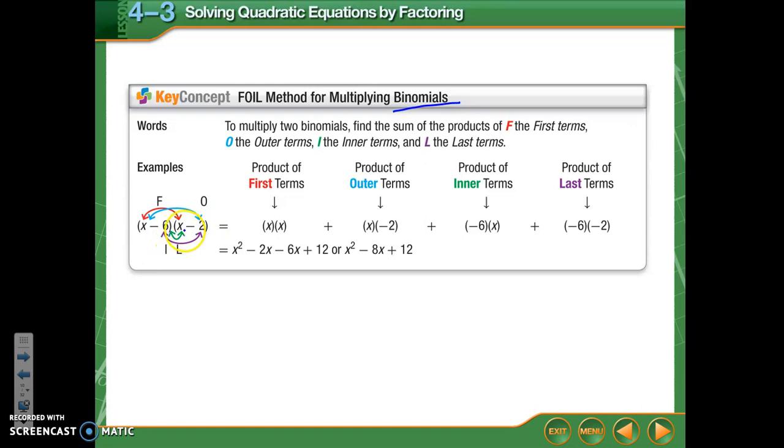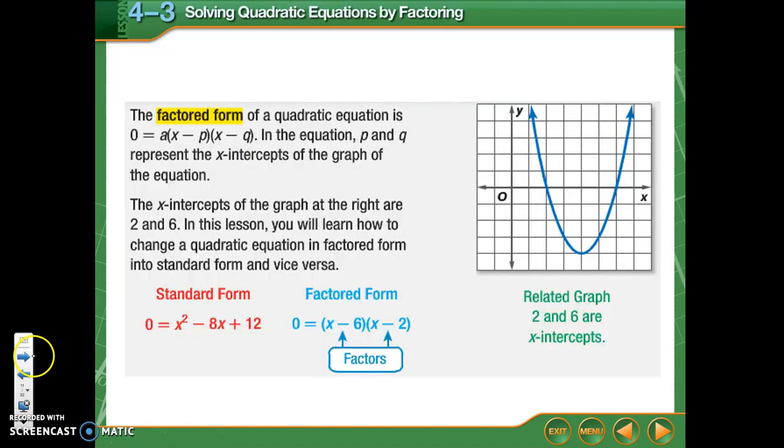My inner ones, negative 6 times x, and my last ones, negative 6 times negative 2. That is review. So FOILing is what allows me to multiply two binomials, and also, if you remember from our previous video, if I've factored something and it comes out as two binomials, I can FOIL it to get back to my original quadratic and see if it is correct or not.